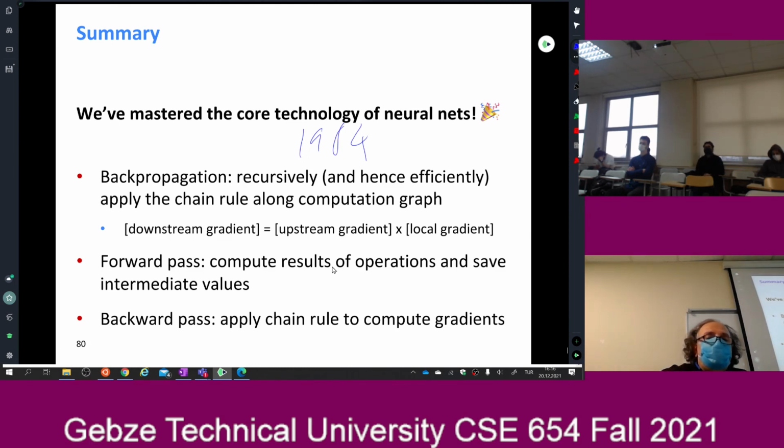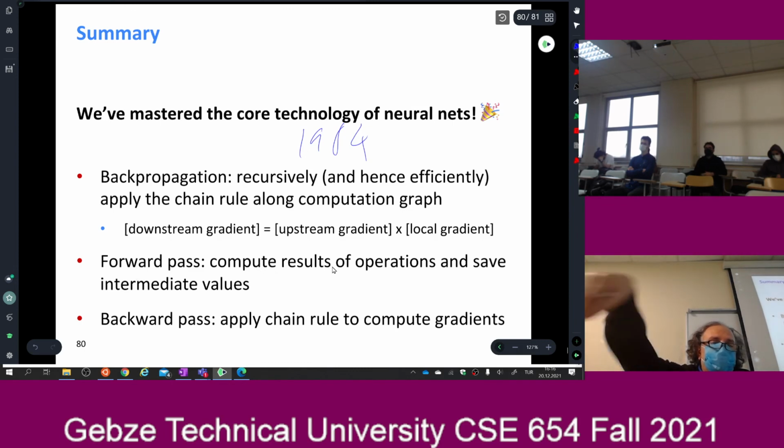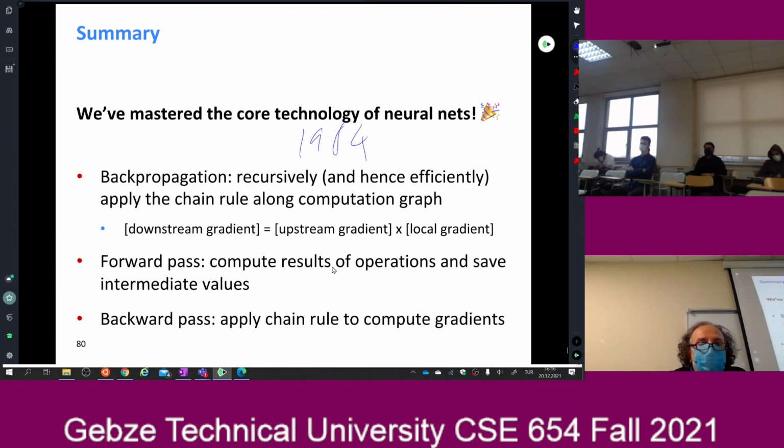So recursively start doing the same thing. Apply the chain rule along the computation path. And downstream gradient is upstream gradient times the local gradient. That's what we are doing. For the forward path, we put it in place and you will get the results. For the backward paths, we apply the chain rule. So that's what we have been doing.